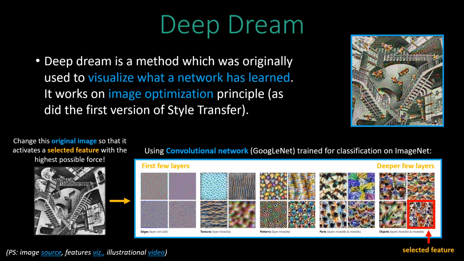So this is the reason why this method was used as a visualization technique, because with this you could extract the information that is somewhere inside your trained black box network and visualize what shapes this network is even firing on.